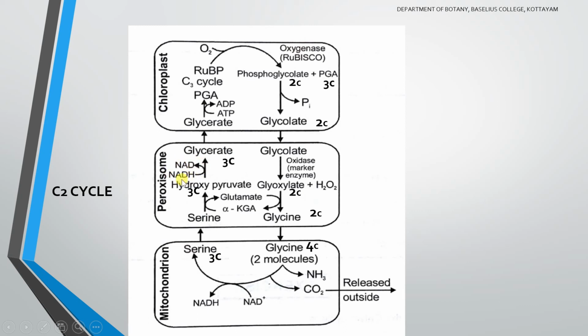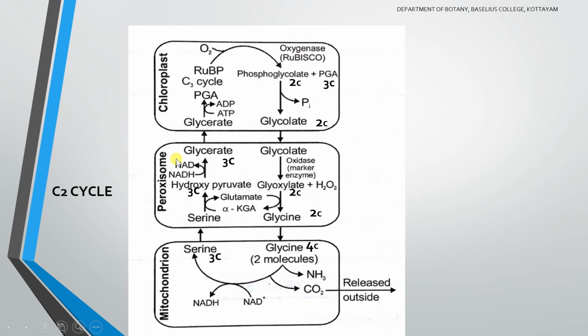In the peroxisome, the available coenzyme is NADH, not NADPH, it is NADH. So one molecule of NADH is utilized here, and hydrogen is donated. So using this hydrogen donated by NADH, glycerate is forming, which is a 3-carbon acid.